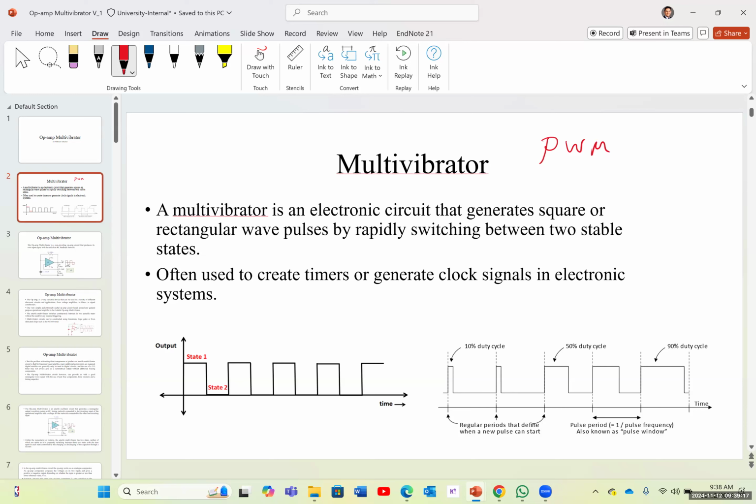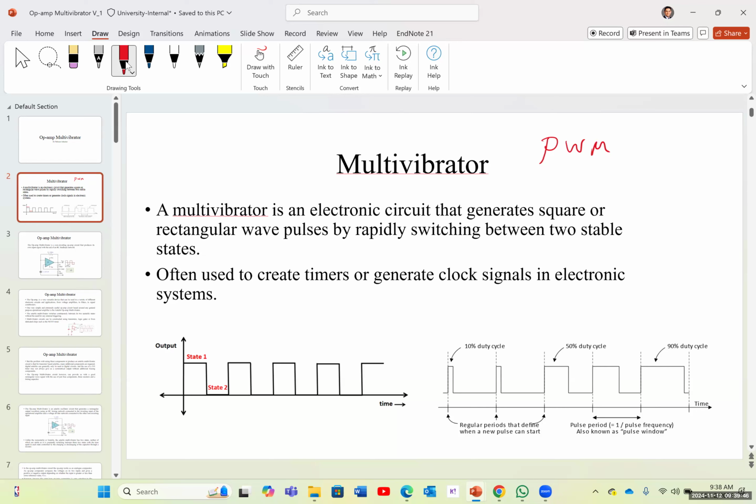Multi-vibrators are used, for example, to control DC to DC converters, like a buck or boost converter, to control the clocking, and to control the speed of a DC motor. It's also used in communication systems, for coding, and so on.